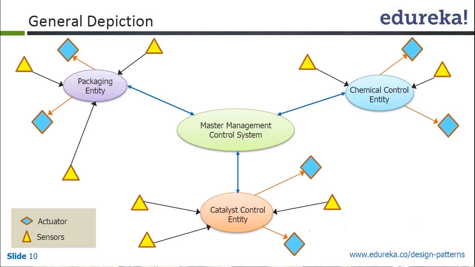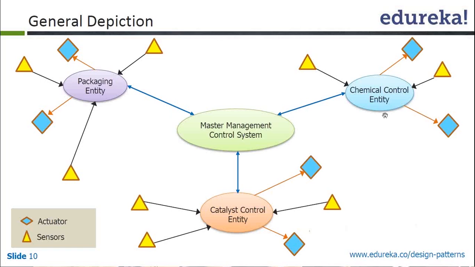All these bubbles are going to operate on actuators, and these yellow rectangles are sensors which are going to send data to these bubbles. The master management control is a central entity responsible for the operation of this factory, where the three other entities are separate domains, some handling chemical composition, catalysts, and packaging.